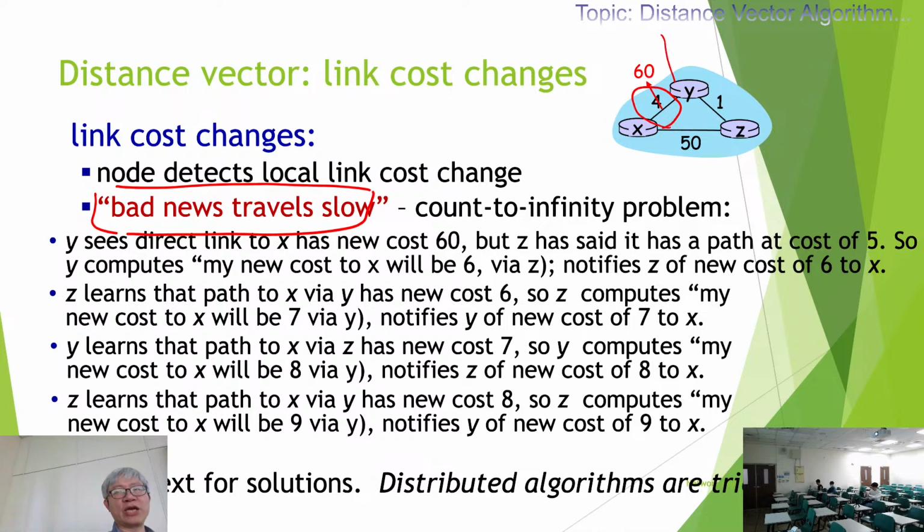How about changing it to 60? Here we have bad news for the link cost. However, bad news travels slow. Because the target of the Bellman-Ford equation is to choose the best one rather than the worst one, therefore bad news travels slow. And here we have some description, yes, even for the small network.